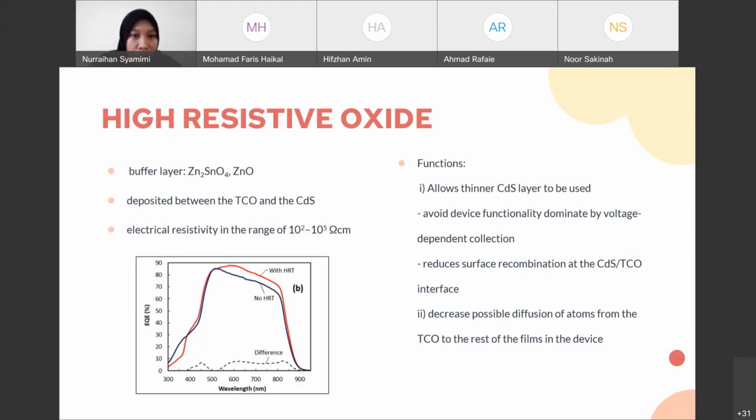The graph shows enhancement of the quantum efficiency at most wavelengths when the high resistive oxide is used, indicating improvement of light capture and carrier transport.